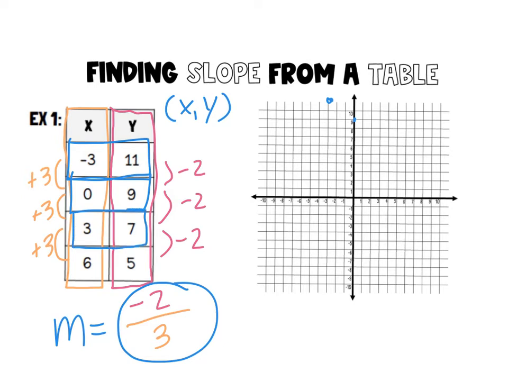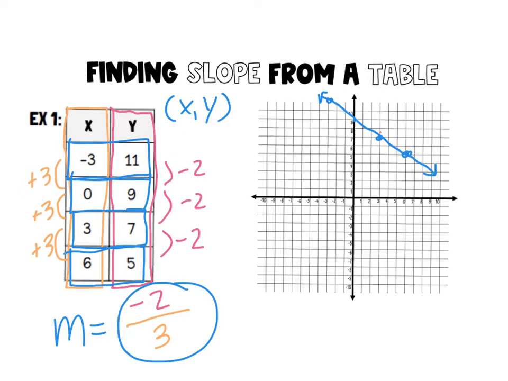This goes back to when we were making a table last week, and we were plugging in values for X. But this time we're given the values. 6, 5. If I draw my line, it's not a pretty line, but it's a line, I can do my rise over run.